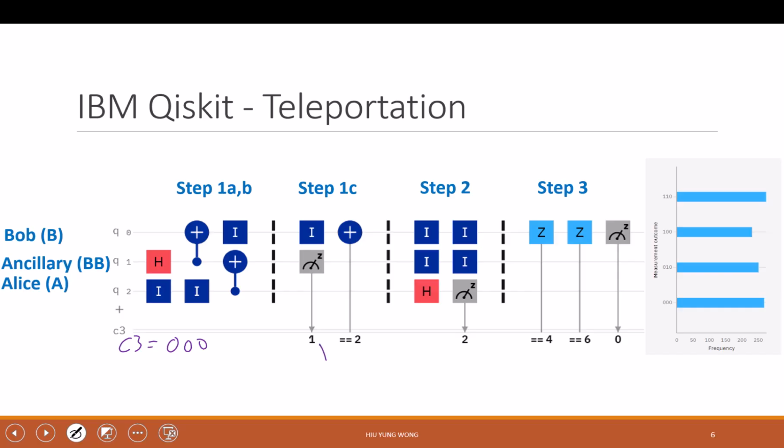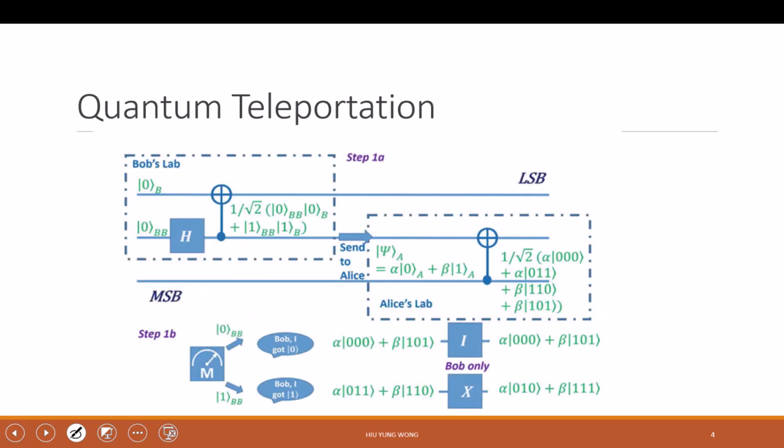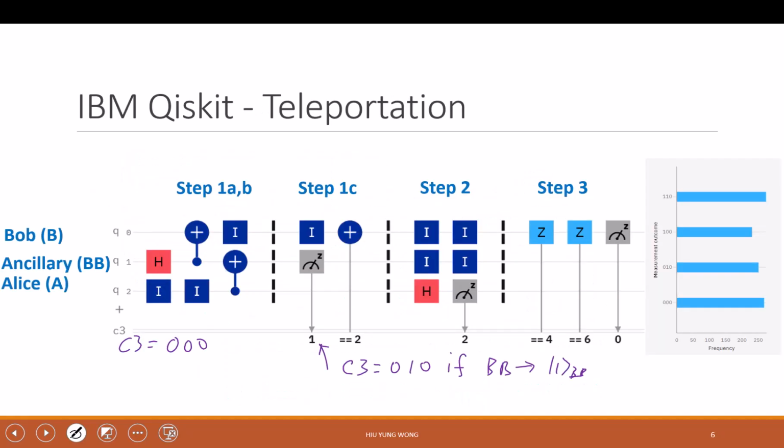But at this stage, C3 equals 0, 1, 0 if BB collapses to 1, which is here. If Alex measured BB, she got 1, then it collapsed to 1, right? That's the definition. If she got 0, it collapsed to 0, right? This is still 0, 0, 0 if BB collapsed to 0.